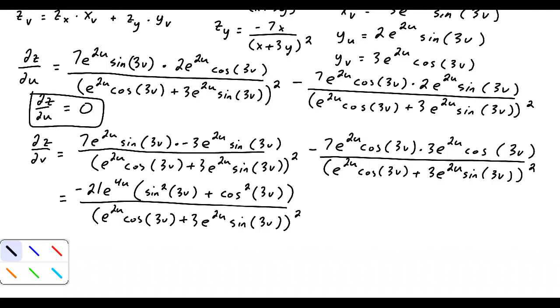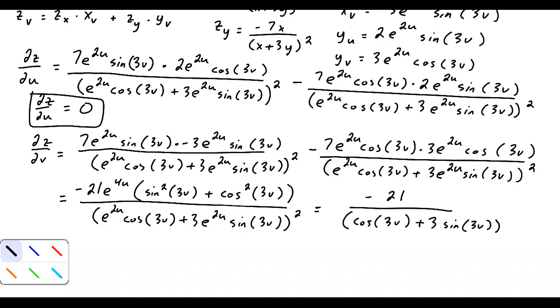And also knowing that sine squared plus cosine squared, regardless of the arguments, is equal to 1, this is going to be equal to a numerator of negative 21 with a denominator of (cosine of 3v plus 3 sine of 3v) squared.